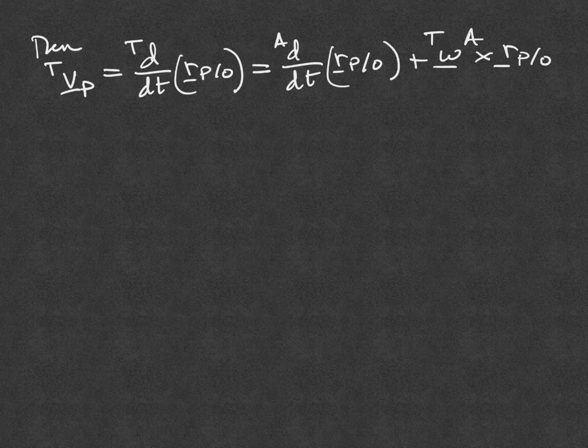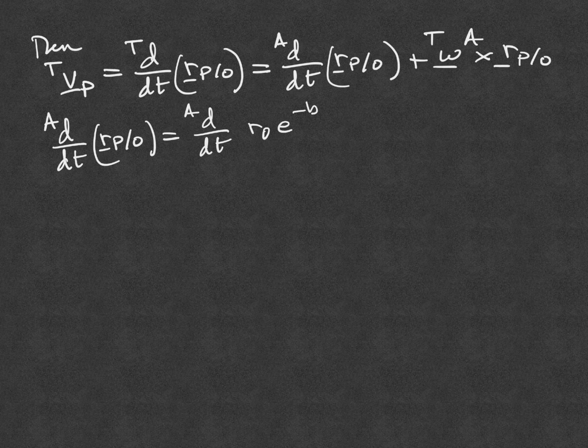Now, there are a few things that we can do fairly quickly, which is that d dt in A of the position of p relative to O is equal to d dt in A of r0 e to the minus b theta times er. But because er is fixed in frame A, I just have to differentiate this coefficient in front.